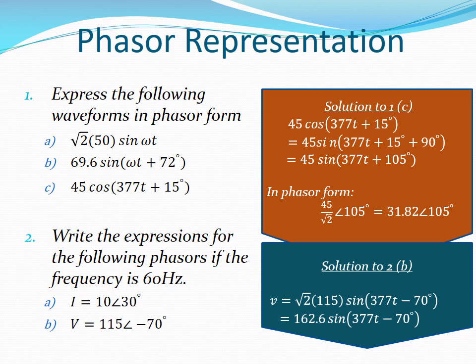The angular frequency omega is 2 pi by 60, which is 377. Therefore, the sinusoidal expression for the voltage is 162.6 sine 377t minus 70 degrees.